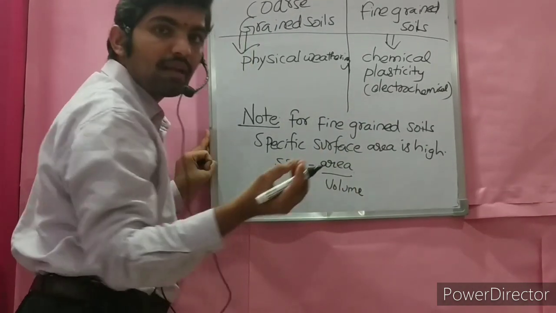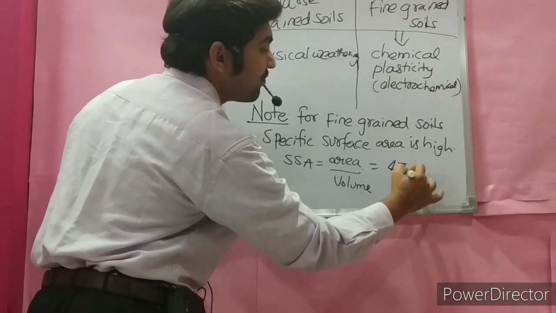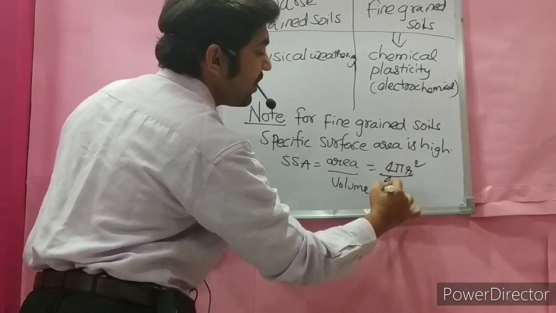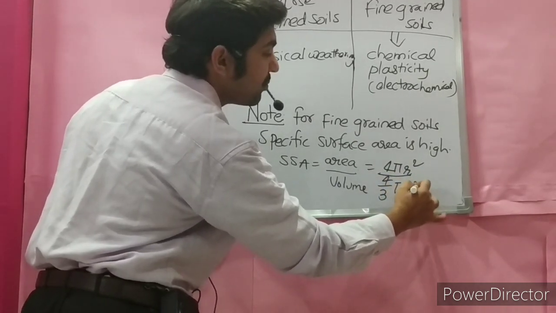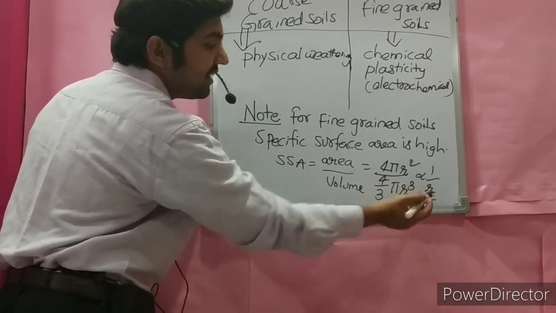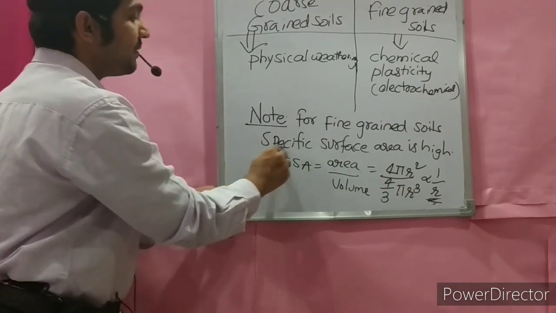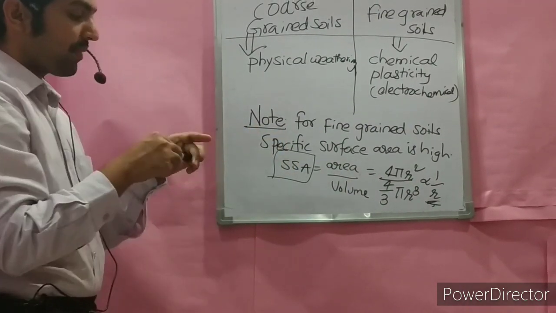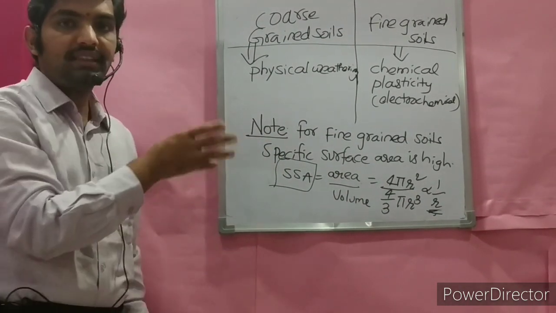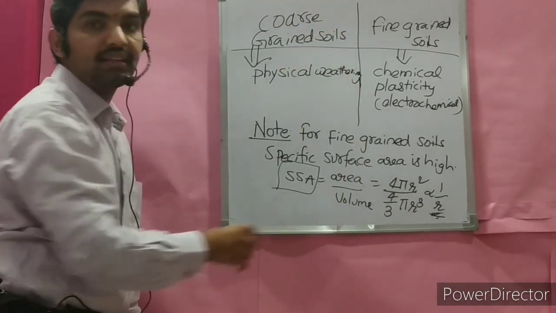But all soil particles we assume spherical in shape. So the area of a sphere is 4 pi r square and the volume of a sphere is 4/3 pi r cube, so it is inversely proportional to radius. Here radius relates to the size of the particle. Lesser the size of the particle, more the specific surface area. In the solution discussion, I have shown you various particle sizes.